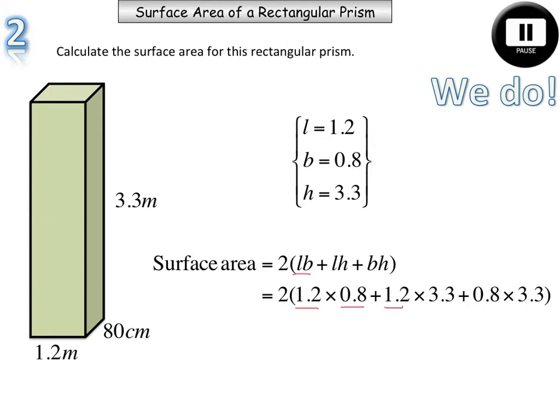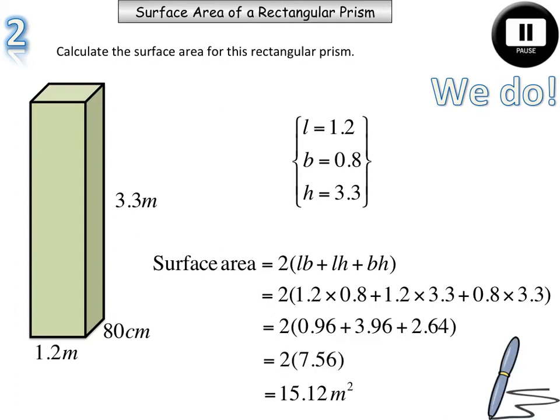Here's our L, here's our H, LH, and here's our B, here's our H, BH. So 2 multiplied by the sum of all those. And here's our solution, 15.12 square meters.